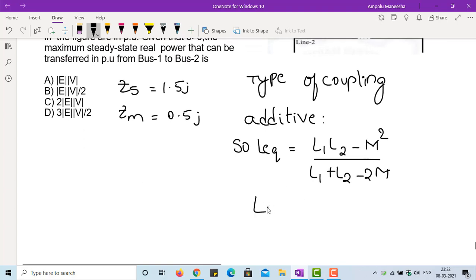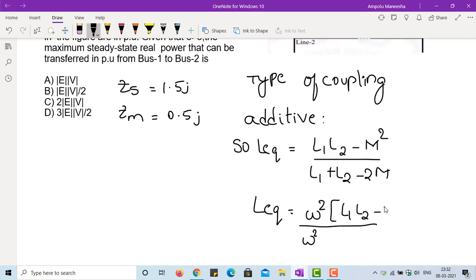So L equivalent is equal to, multiplying and dividing with omega square, L1 L2 minus M square divided by L1 plus L2 minus 2M.